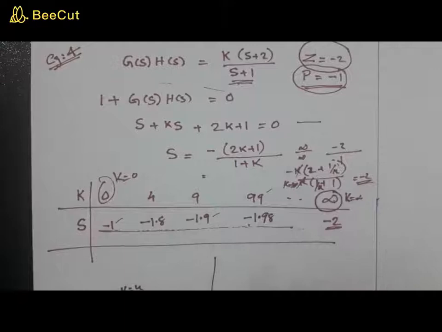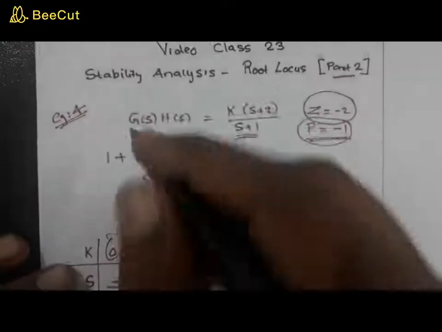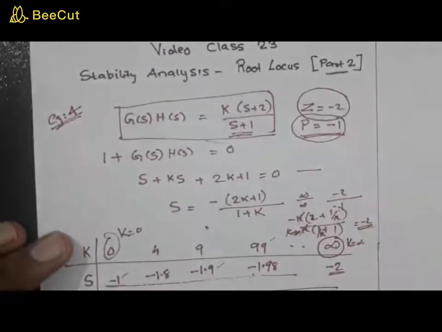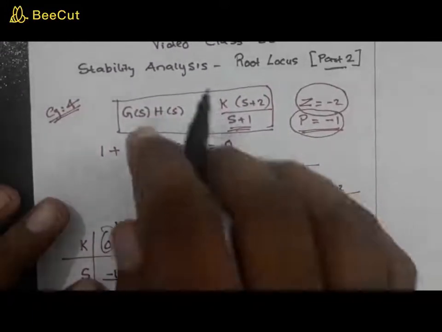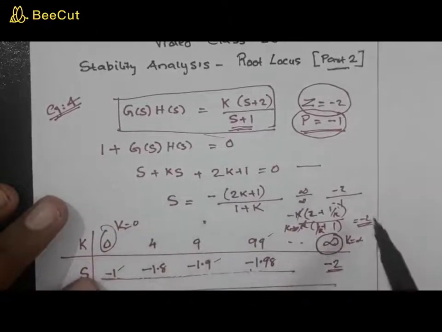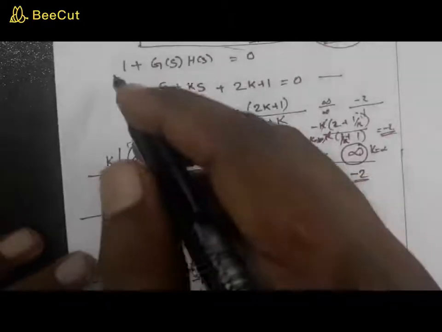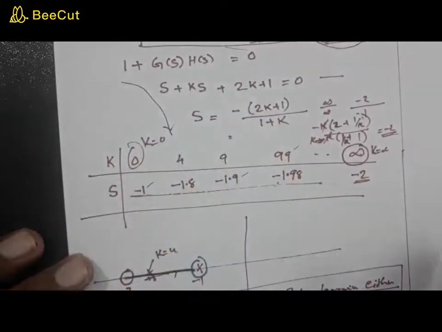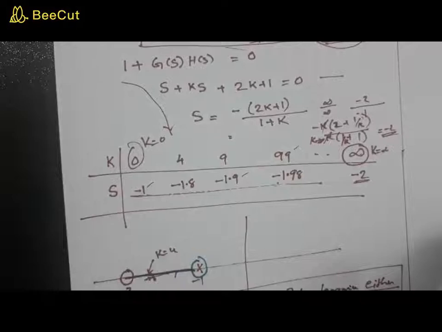So you have a procedure which uses only the open loop transfer function of a closed loop system. If you follow that procedure, you will get the same information as we have derived here, so you don't need to solve this big characteristic equation.